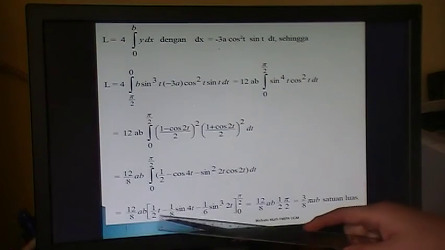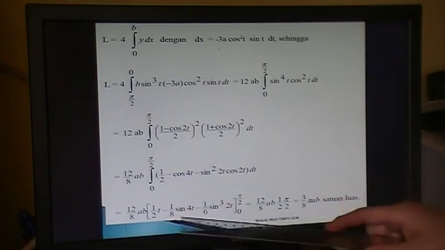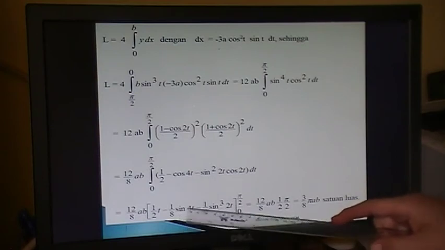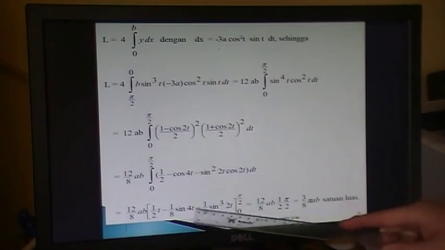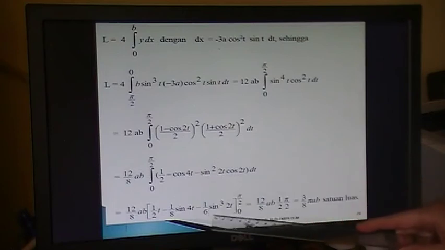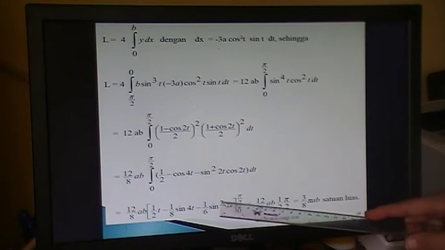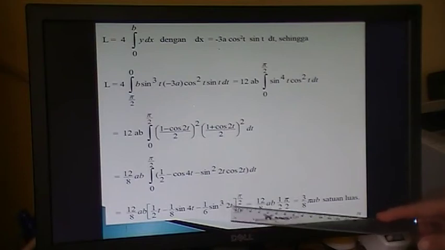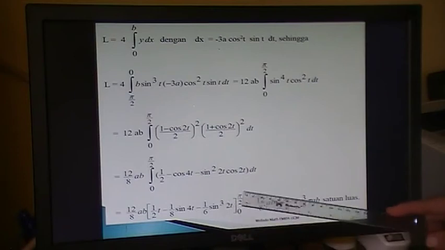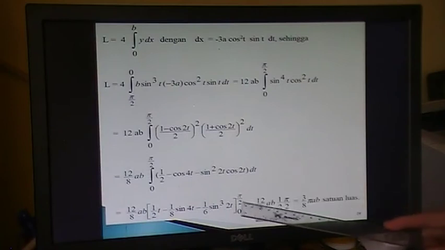Altogether, this is equal to 1 over 2 times t, 1 over 8 sin 4t minus 1 over 6 sin to the power 3 of 2t, from 0 to pi divided by 2.